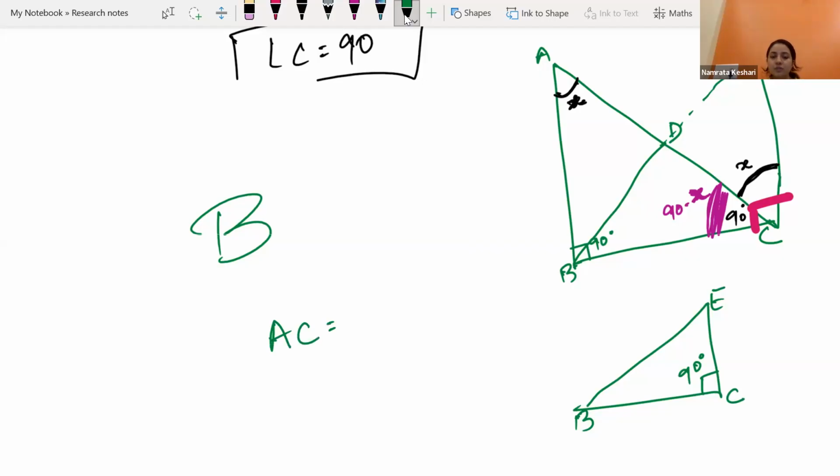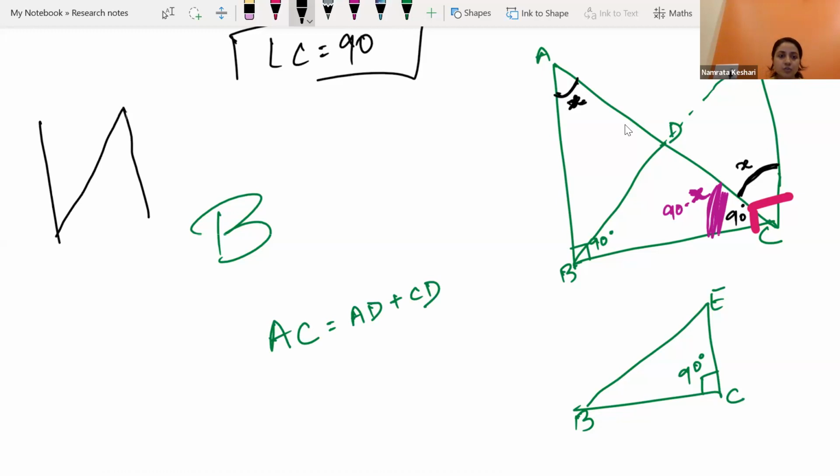AC means AD plus CD. Is it possible to say that, just a moment, no? These two are parallel lines and this one is the transversal. So whatever is this angle will be same.